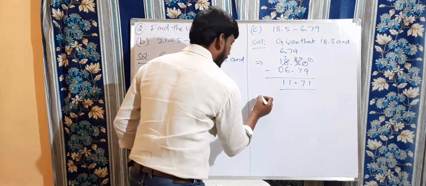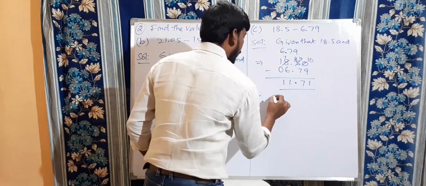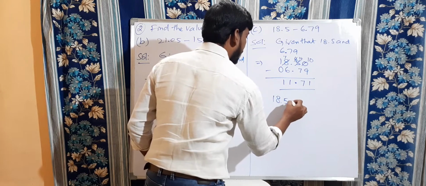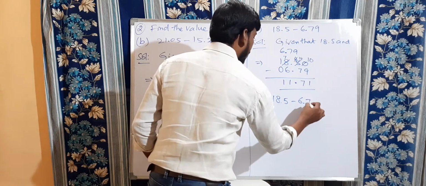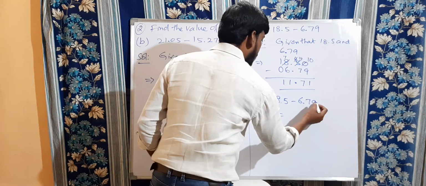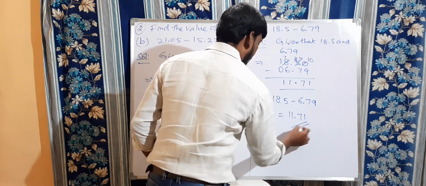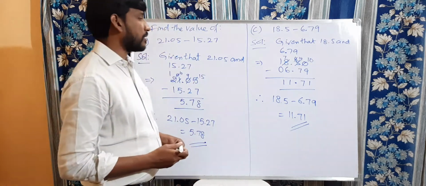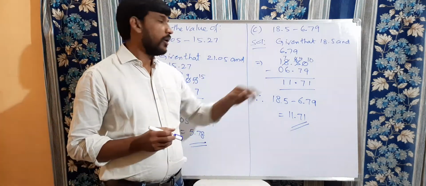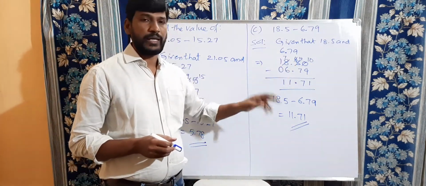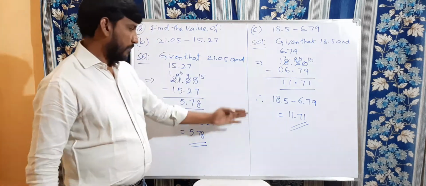Therefore 18.5 minus 6.79 is equal to 11.71. Is it clear, children? While doing the subtraction and taking the borrow, please take the correct borrow. Please copy these two.